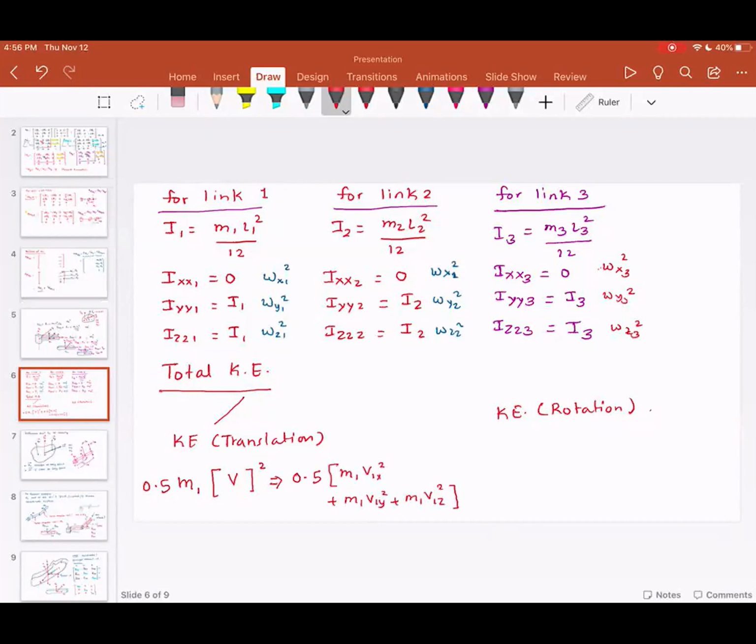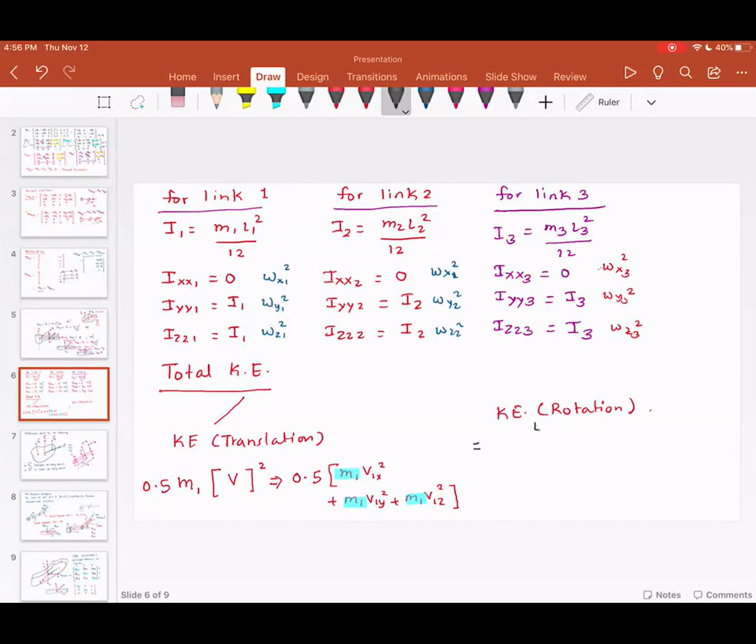Now, please understand, this is an important distinction between the rotational kinetic energy and the translational kinetic energy: the mass is the same whether you are multiplying with v1x square, v1y square or v1z square. Your mass is always going to be m1. However, for kinetic energy of rotation, you have Ixx, Iyy, and Izz.